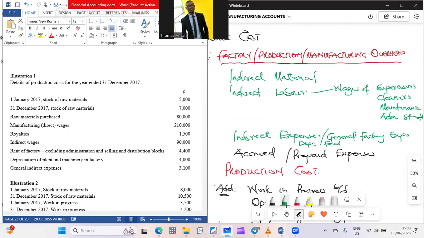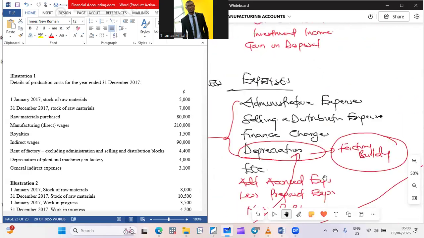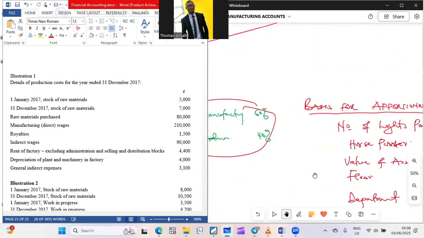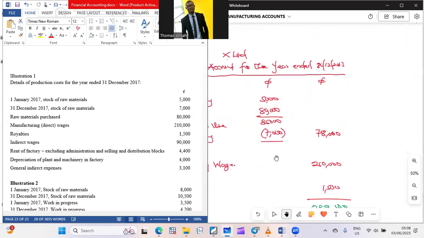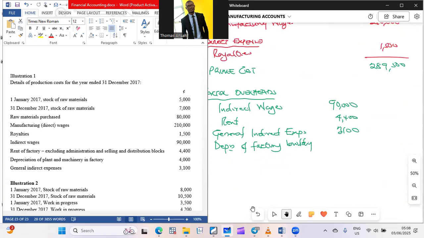Because it's the factory. But if depreciation is standing on its own and you don't know whether it's for the factory or for the administration, you will be given some basis of apportionment, and that is what I explained to you. All right, so take note of that. But this one is purely for the factory, and so it is here, 4,000. I think that is all for the expenses.